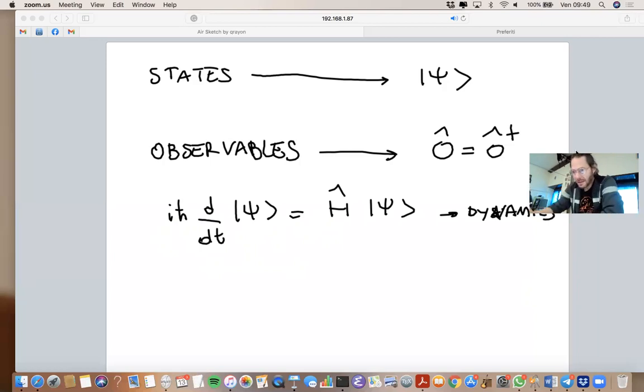And then in classical mechanics, once I have a position, I can measure it. There's no need to go from the state to the observable, because if I know that a physical system is in a state which has a given position and momentum, I know that I can measure that position and that momentum.